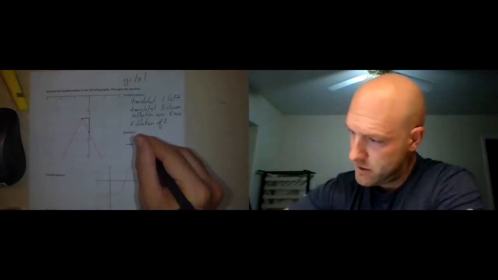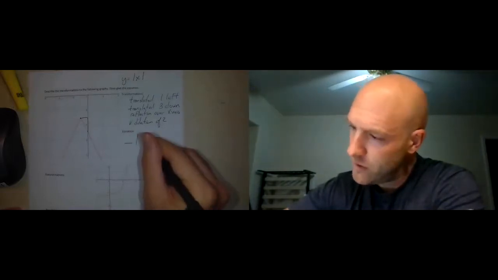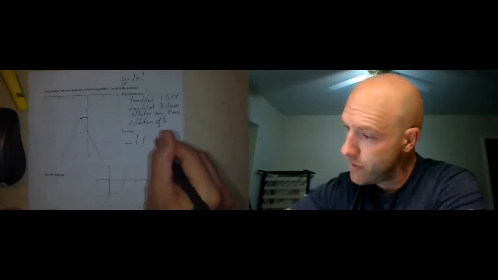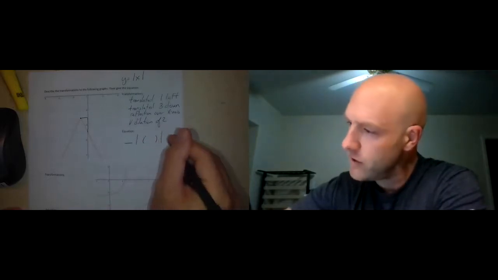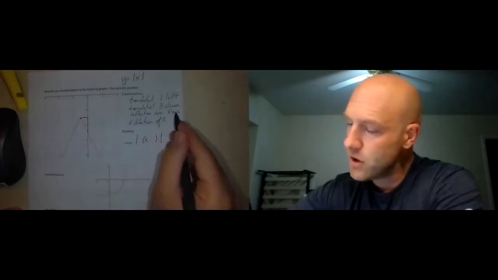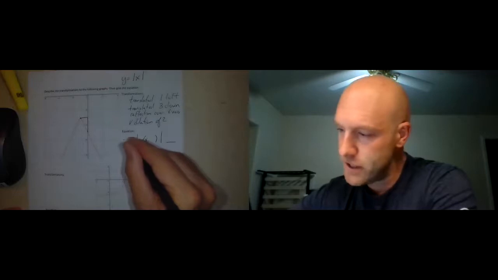So my equation is going to look like: blank times the absolute value of parentheses, with some room over there, plus another blank. There should be an x right there. We just have to fill in these things. So the reflection over the x-axis makes this a minus. Vertical dilation of 2 makes that a 2.